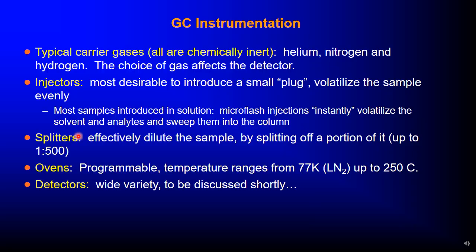Splitters effectively dilute the sample by splitting off a portion of it, up to a 1 to 500 ratio. Ovens are programmable, with temperature ranging from 77 kelvins up to 250 degrees Celsius. Detectors come in a wide variety, and we are going to look at them in depth.